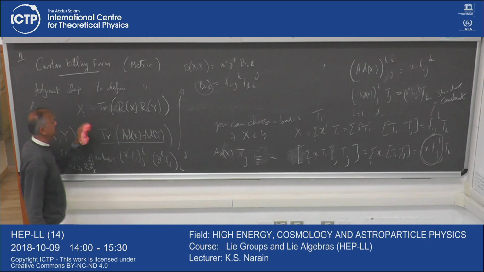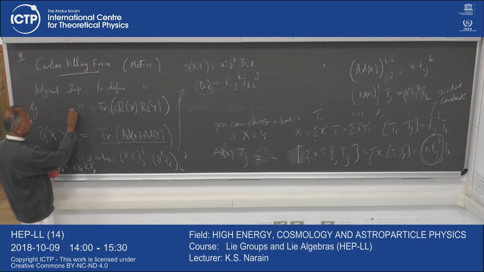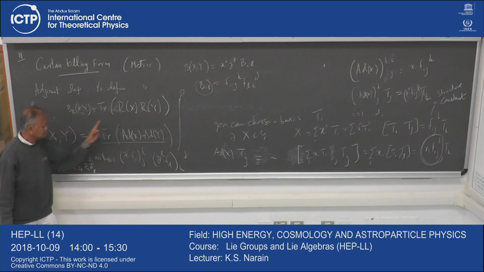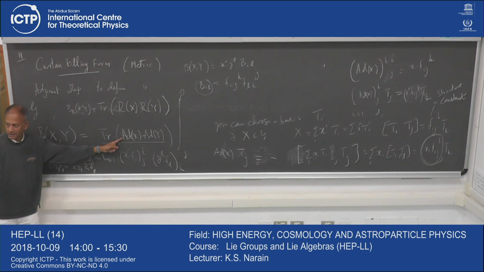So R is a representation. This will be some number, and let me call this d_R of xy. It is representation dependent, because I'm choosing some representation. When I don't put anything, that means adjoint. So that is the original definition of the Cartan-Killing form.